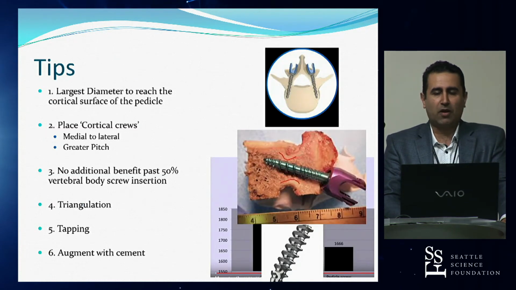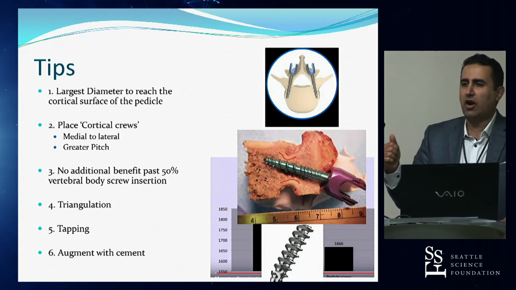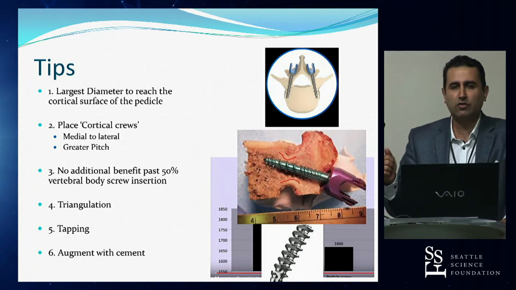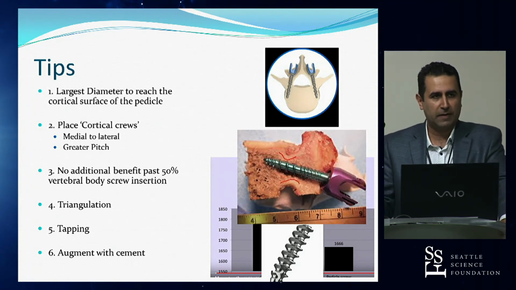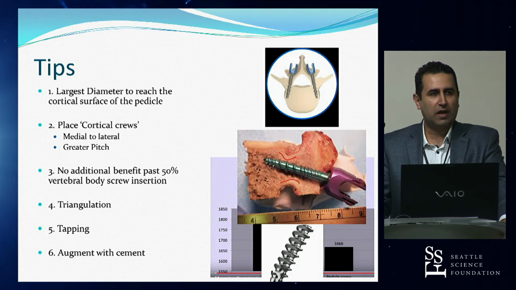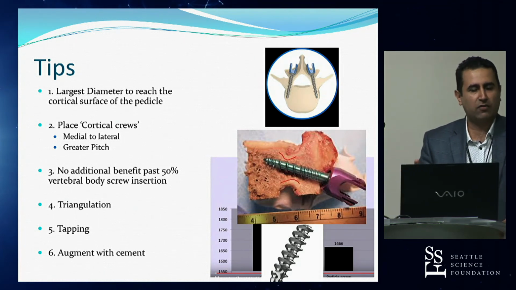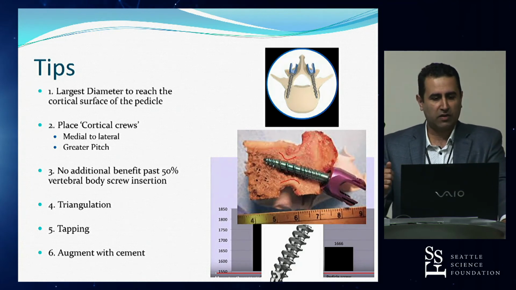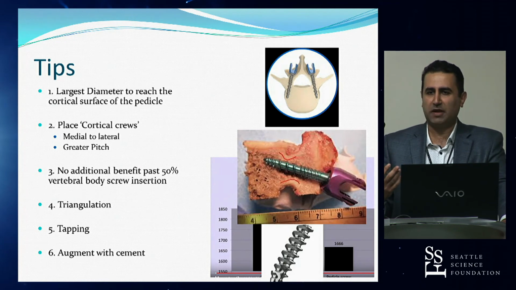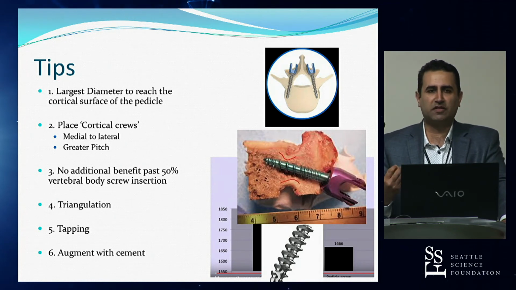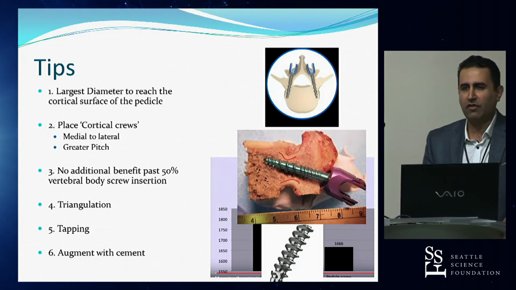And my tips to you are this. Use the largest diameter screw that you can to reach the cortical surface of the pedicle. Don't use a 4.5 or a 5.5 when you can place a 6.5 or a 7.5 or an 8.5 when it's possible. Utilize cortical screws, because by having increased pitch, you're able to resist or decrease the pull-out of these screws.